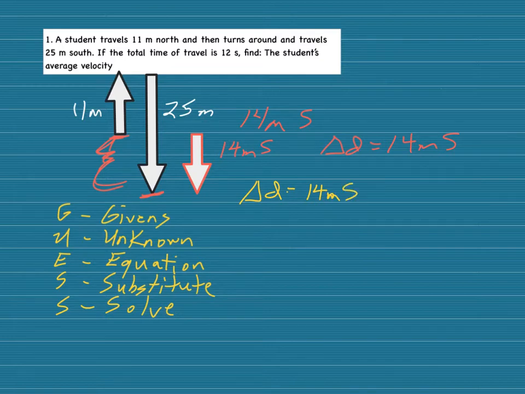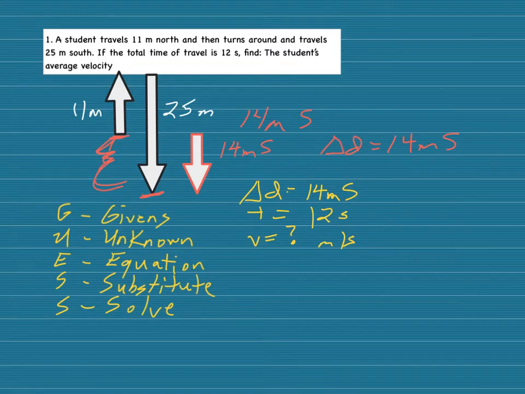And then it says if the total time of travel is 12 seconds, so T is 12 seconds. What's the student's average velocity? So what is V? It's going to be our question mark, and we know it's going to be in meters per second. All of our units have to match up.